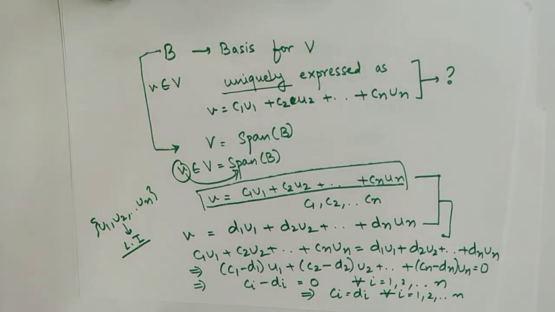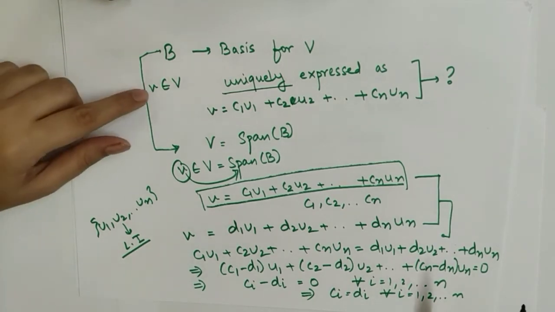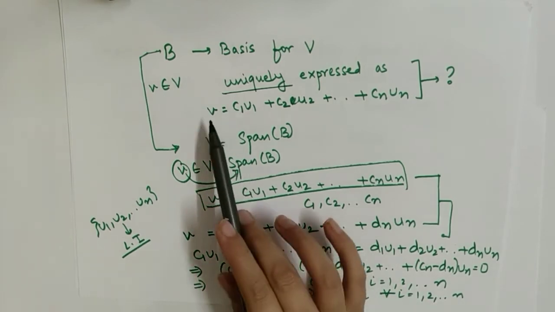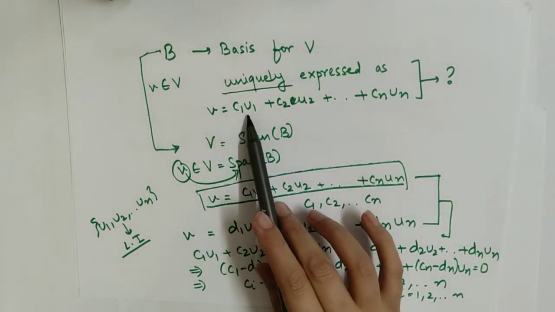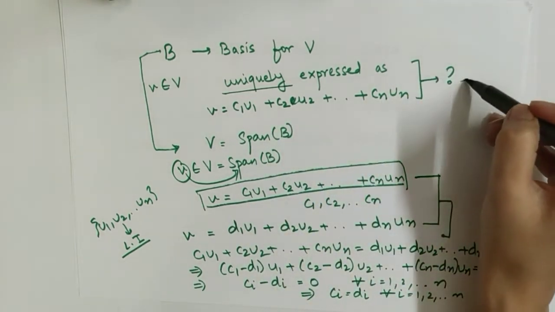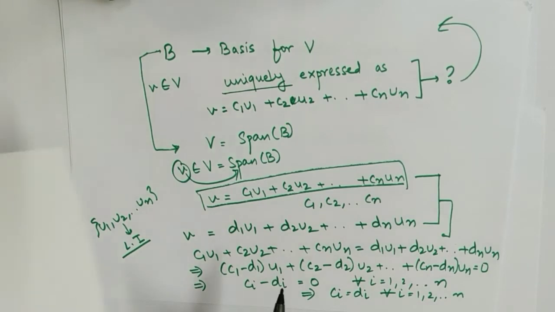Since it was an if and only if statement, now we need to prove the converse of the same. So we'll now assume that every v belonging to V can be uniquely expressed as v = C1U1 + C2U2 + CnUn, and we'll prove that B is a basis.